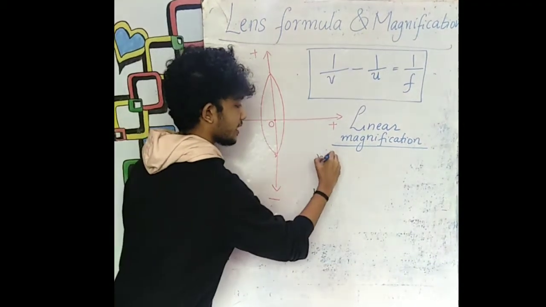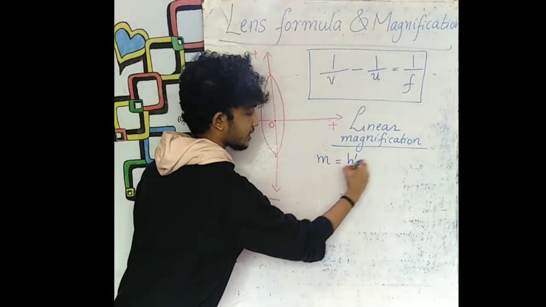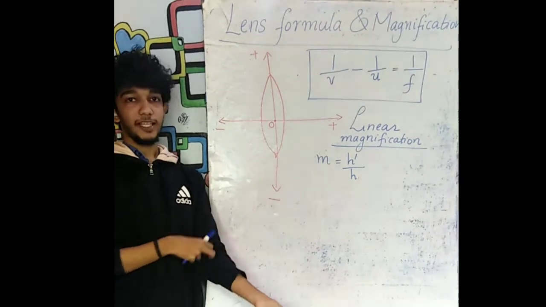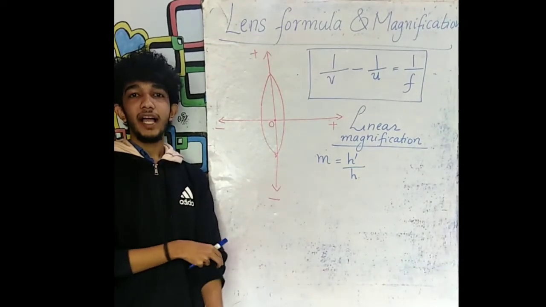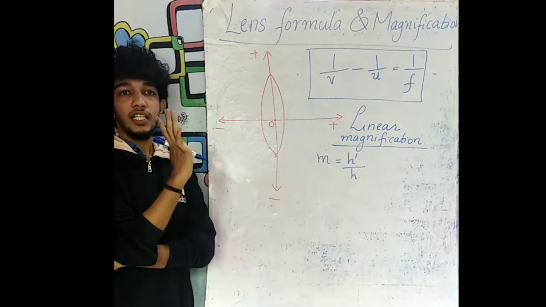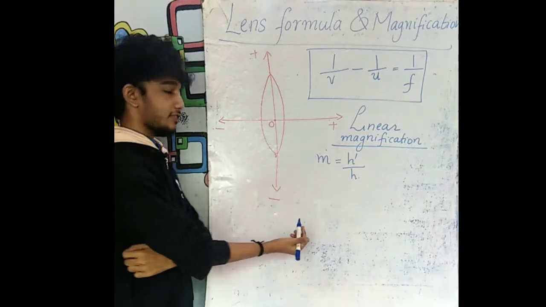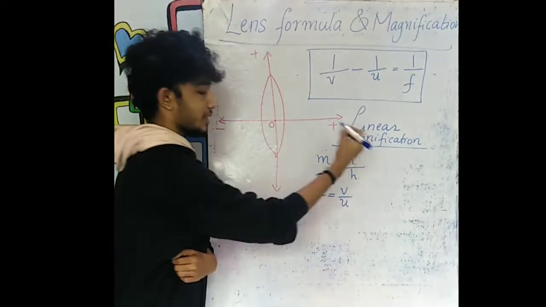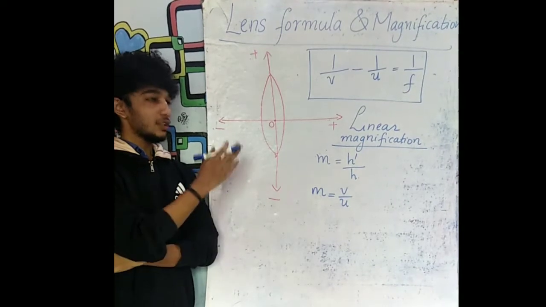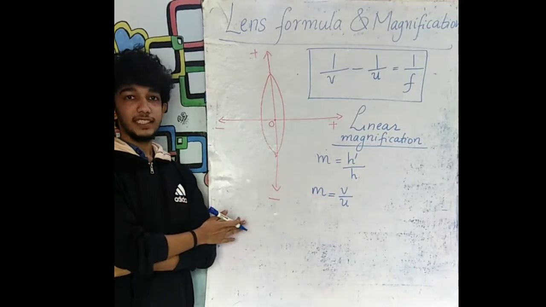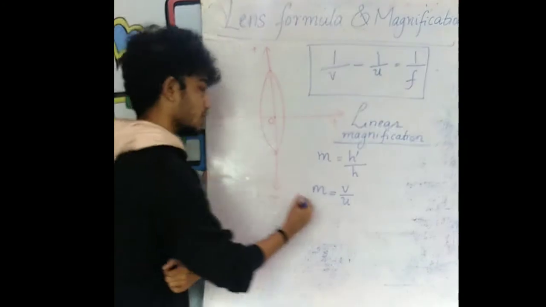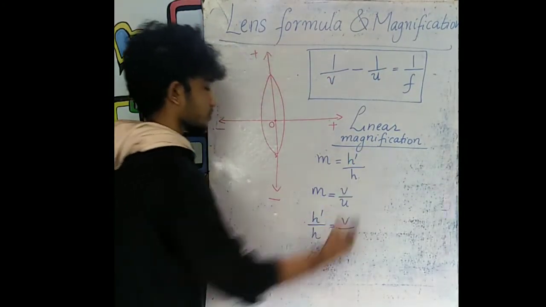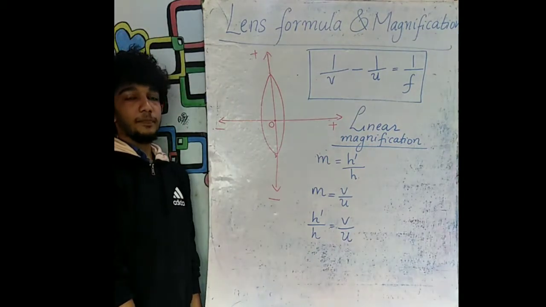That is, m = h'/h, where h' is the height of the image and h is the height of the object. For the spherical mirror we had another equation, m = -v/u. But here the equation is m = v/u. The minus sign is omitted. So comparing these two equations, m = h'/h and m = v/u, we have h'/h = v/u. So these are the equations.